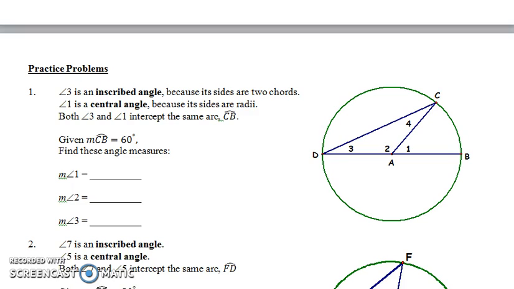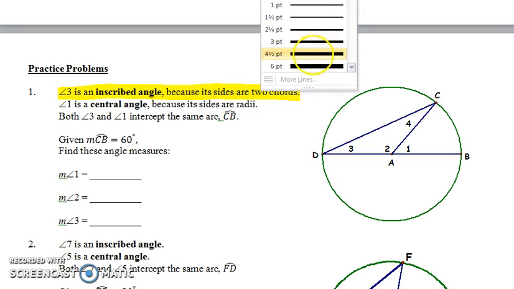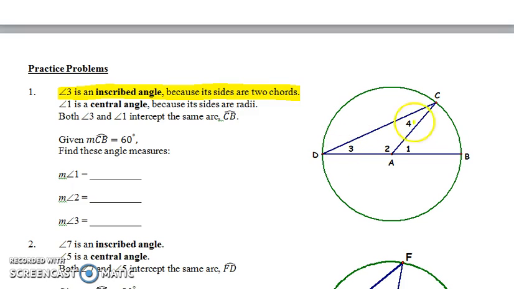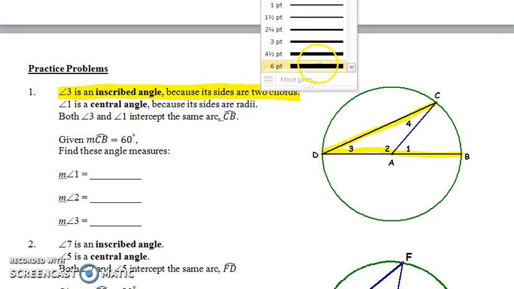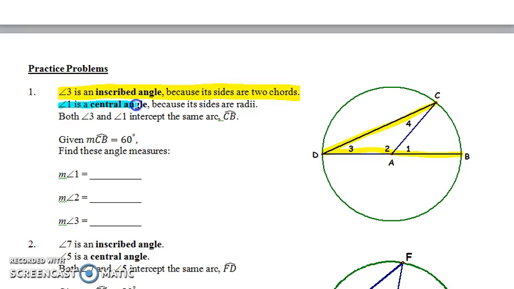So this first practice problem says that angle 3 is an inscribed angle because its two sides are chords. So we just talked about what an inscribed angle is, and I'll highlight it here. This would be angle 3. We're naming it by its vertex. And then the second statement says that angle 1 is a central angle because its sides are radii.